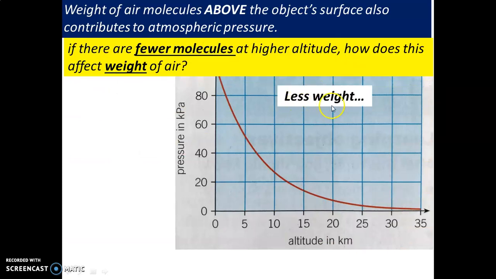Well, there's going to be less weight. The weight of the air will decrease. This is actually why the atmospheric pressure decreases as you go higher in altitude, because there are fewer air molecules at a higher altitude, the atmosphere is less dense, the weight of the air decreases as well. And remember, the weight of air molecules above the object's surface also contributes to atmospheric pressure. That's extremely important to keep in mind.